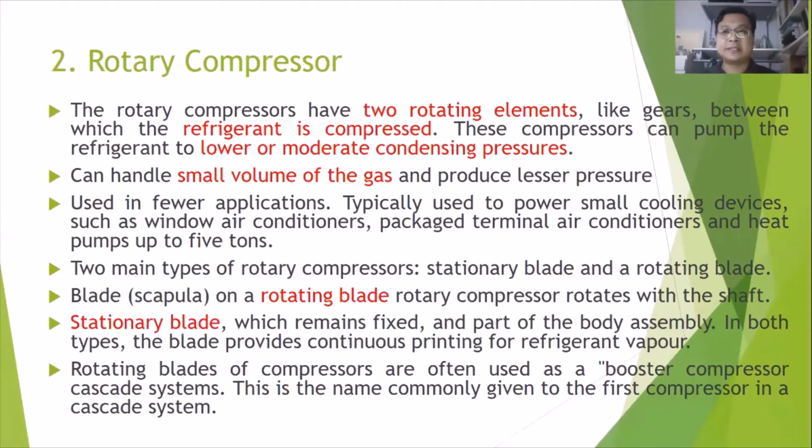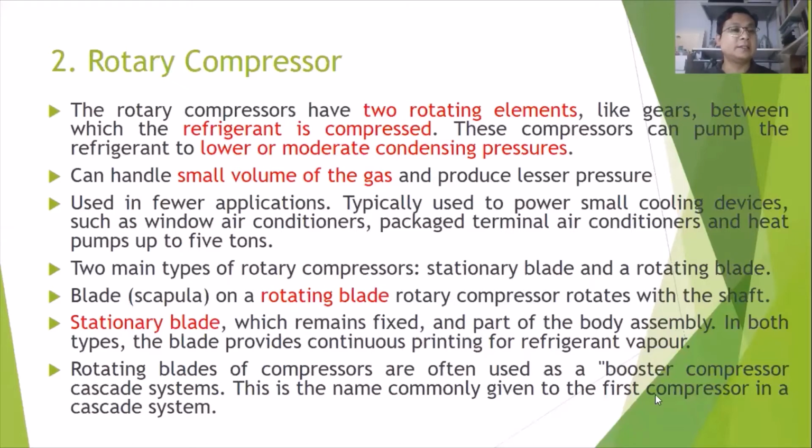This compressor can pump the refrigerant to lower or moderate condensing pressure, so we can control the exit pressure. We can go to lower or moderate. Yeah? And the second bullet, it can handle a small volume of gas and produce lesser pressure. So maybe this one is very useful in a small hatchback system.